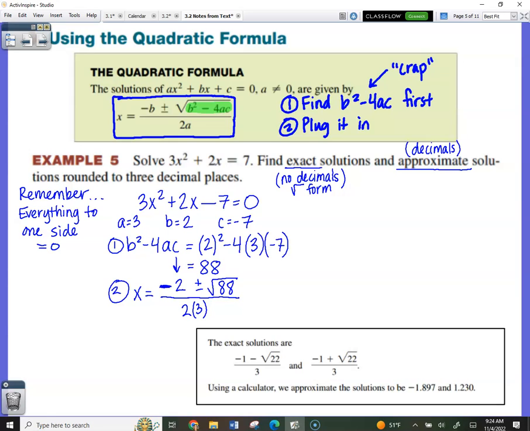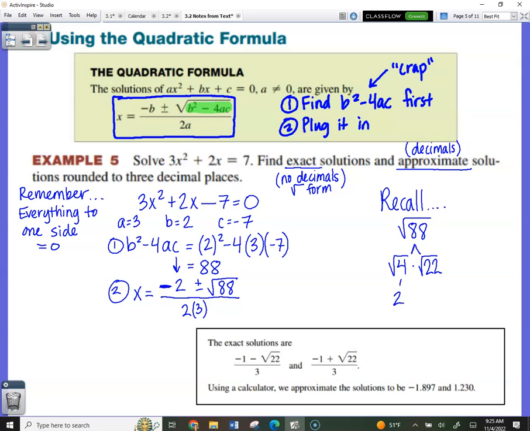Now, you should know where this is going, because you should see a factor of 4 in there. Come over here, tell yourself, square root of 88. What perfect square goes into that? How many times? What's the square root of 4?